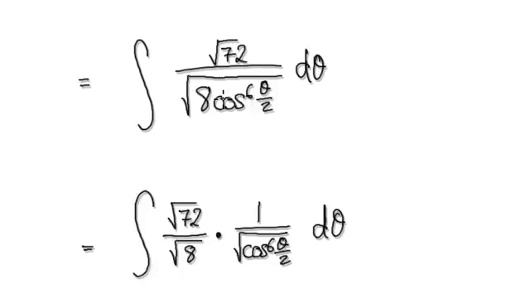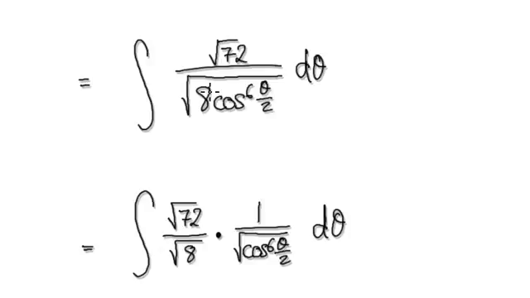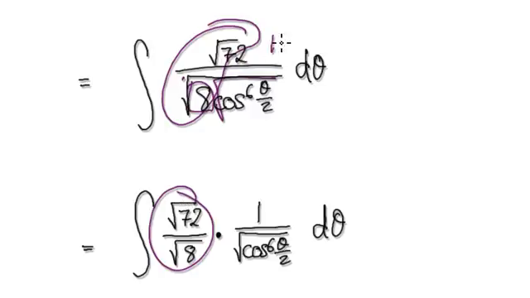And then break it up. Remember root ab is the same as root a times root b. So you can actually break this up into two square roots here, and then factor this out. So that will then give you this, and then you've got the 1 here. That will then give you this.